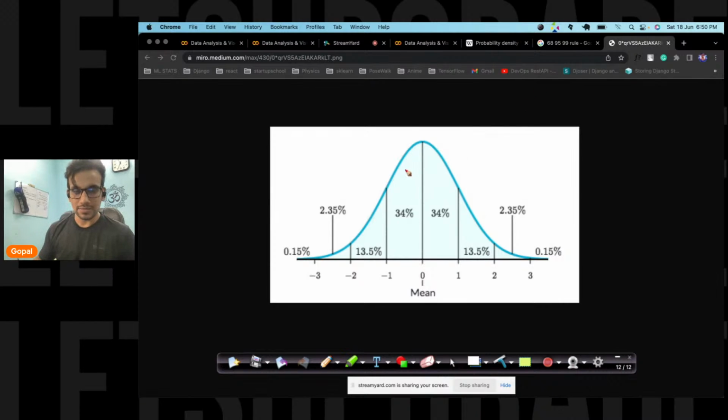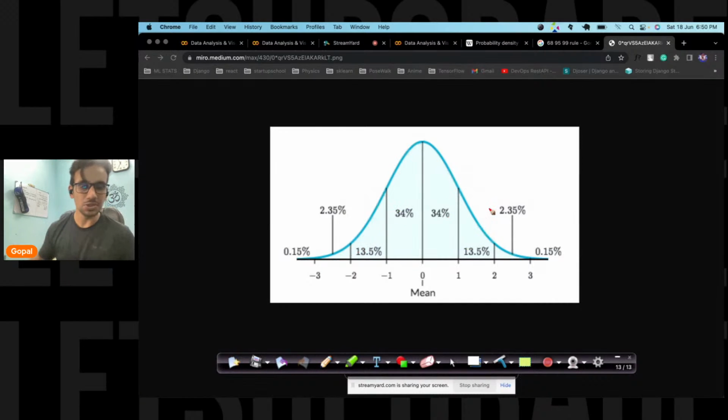This region consists of 68% of data, and when we also add this region, this entire region becomes 95%, and when we also add this, it becomes 99.7%.